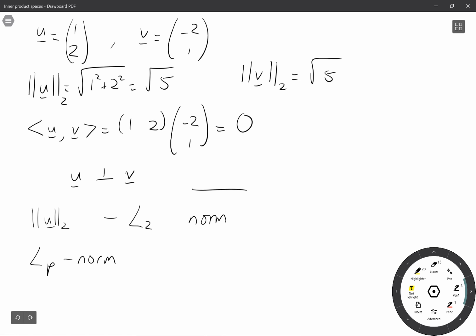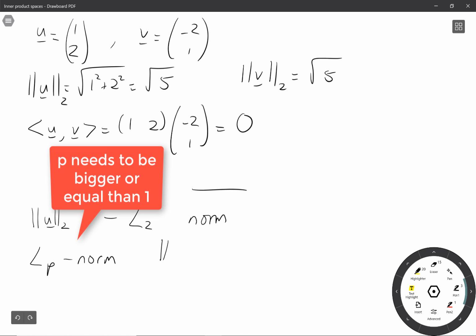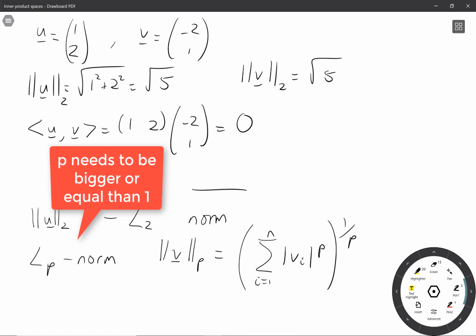For any positive p, the Lp norm of some vector v is defined to be the sum of the absolute values of the individual elements of v, each raised to some power p, all then raised to the power 1 over p, so the pth root. And you'll see that if we put p equals 2, we get back to the L2 norm here.